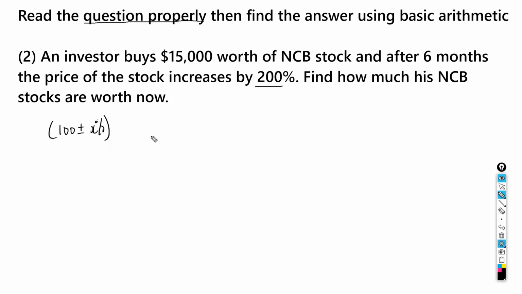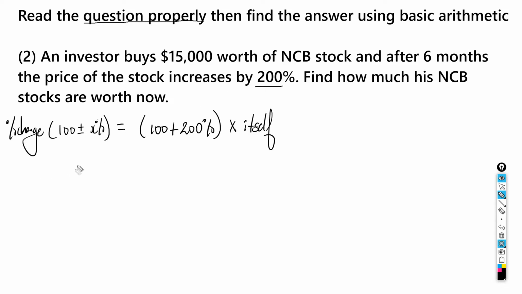Since it increases by 200%, all you have to do is the same thing, 100 plus the 200%, and then multiply it by itself. That's what the percentage change is. So we're going to have 300% of itself. Let's write stock worth here.